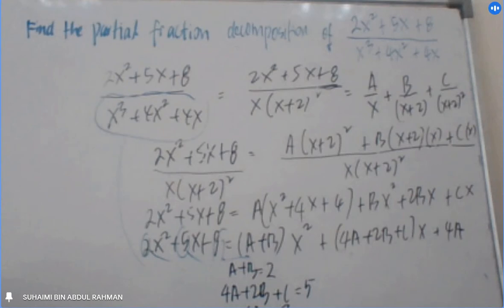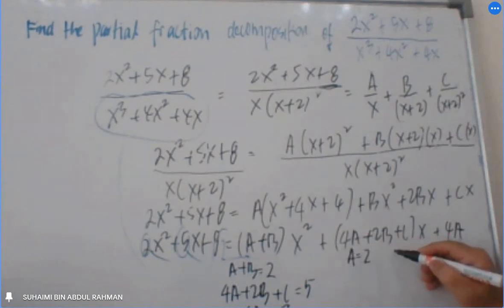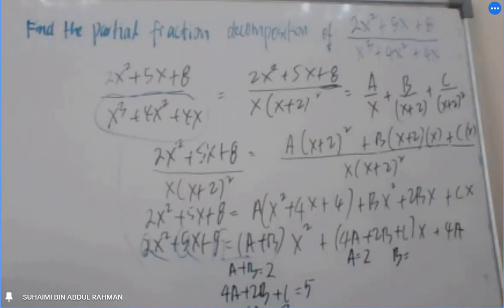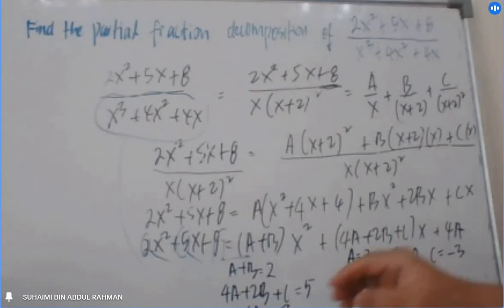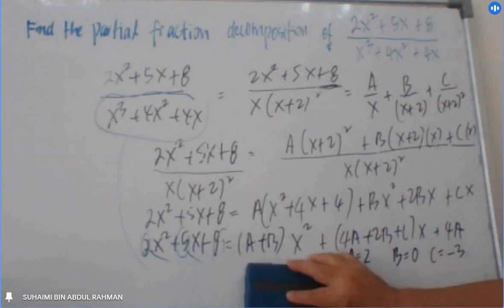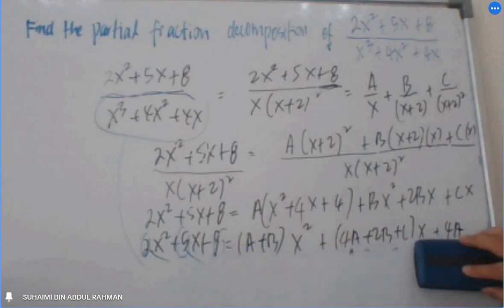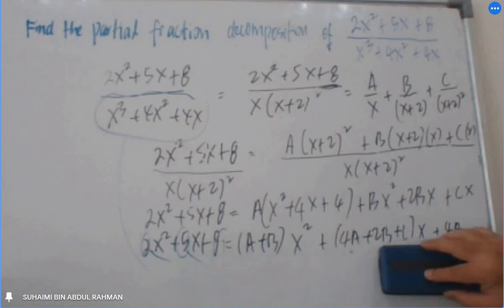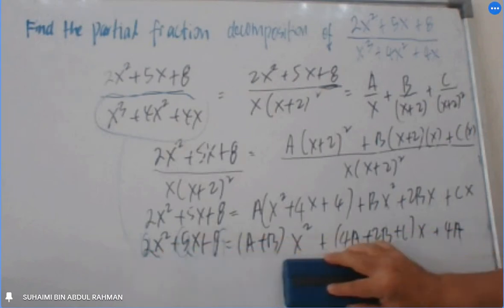What do you get for the value of A? 2. B? 0. C? Negative 3. So you obtain all the values of A, B, and C.